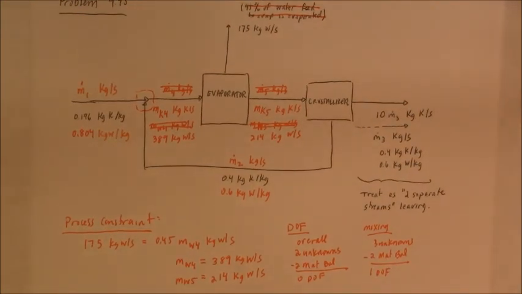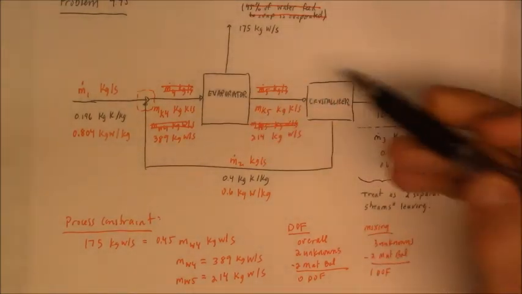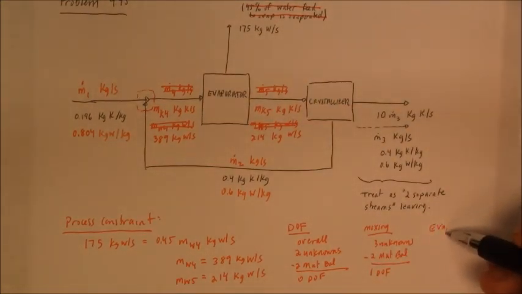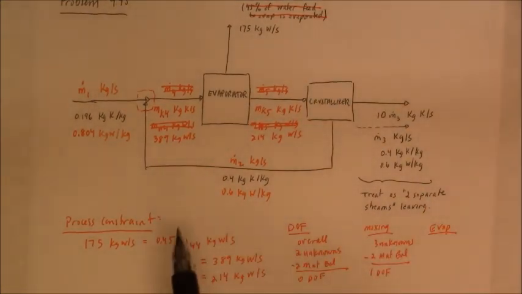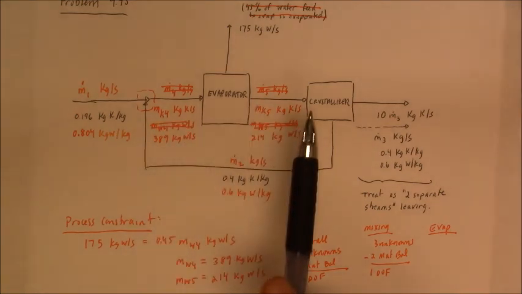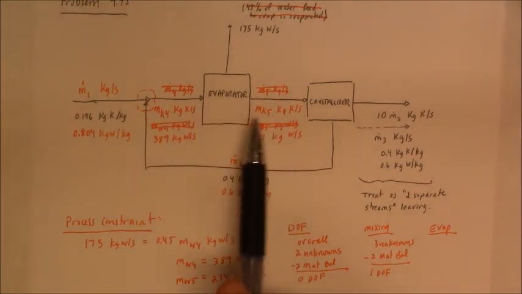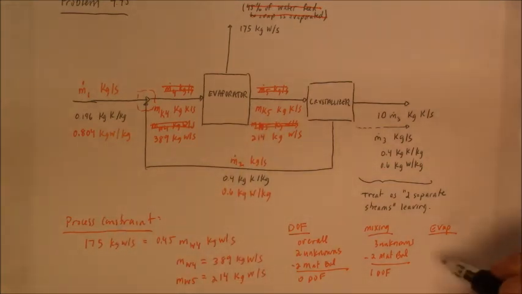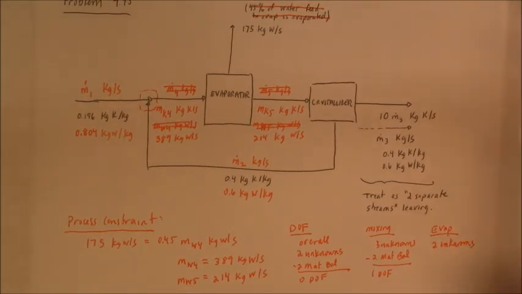Okay, let's move on to the evaporator. Evaporator shown here. Around the evaporator we have M4, MK5. So what is that, 2? Oh, 2 unknowns. This looks good. But let's look at it: we have 2 species, so therefore we have 2 material balances.